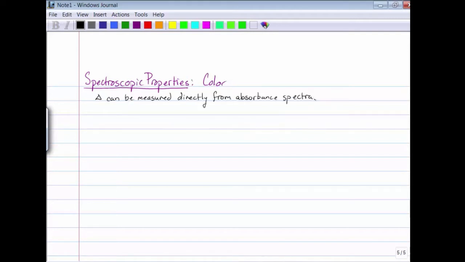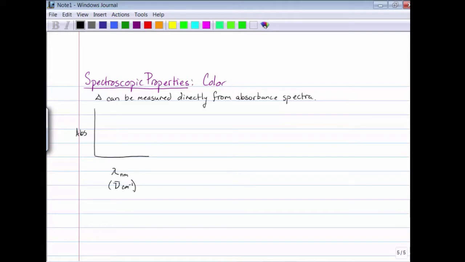So let's just remember what absorbance spectra are. If you take an absorbance spectrum, you take a sample, which is transparent, and you pass light through it, and you measure which wavelengths of light are absorbed. You would have absorbance on the y-axis and the wavelengths, usually in nanometers, on the x-axis, and that's how our instruments read it. Sometimes you can also have wave numbers, which are in centimeters to the -1.